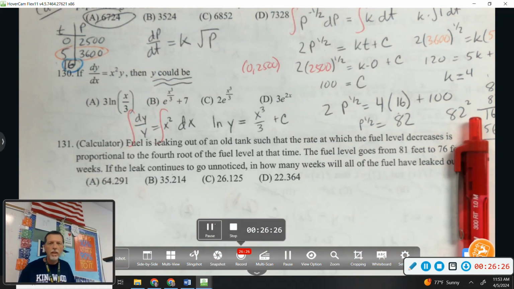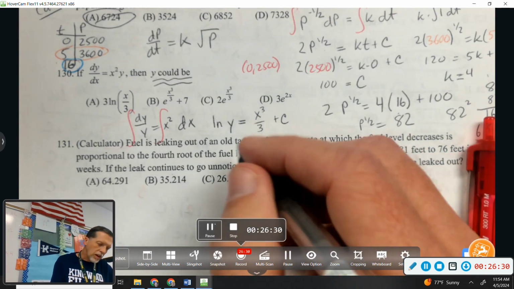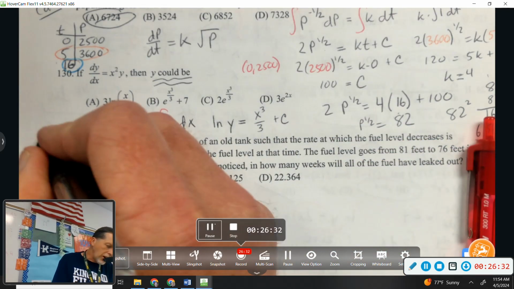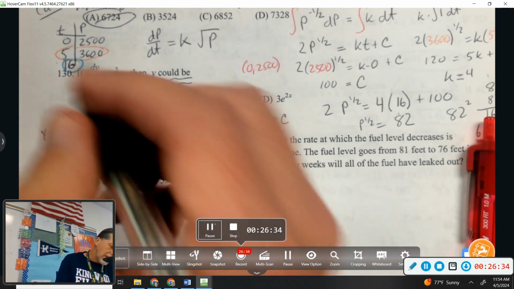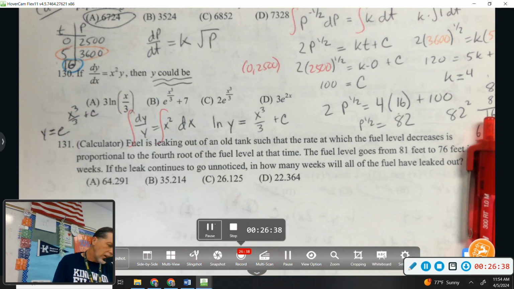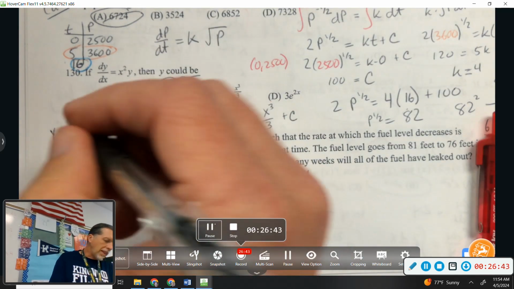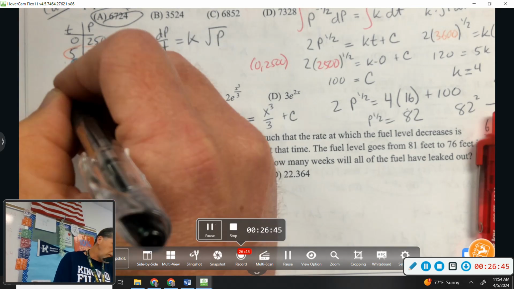Let's do the e to the stuff. So y equals e to the x cubed over 3 plus C. But that also means it could be C e to the x cubed over 3.